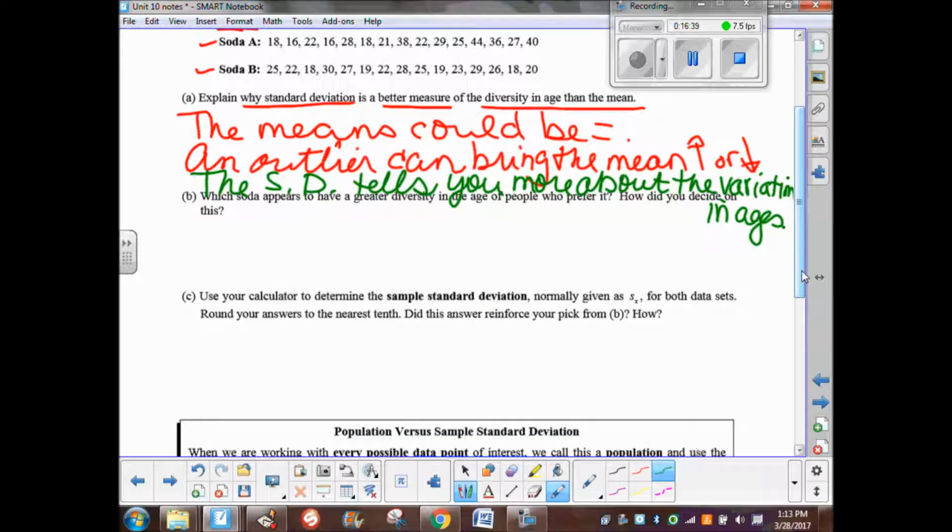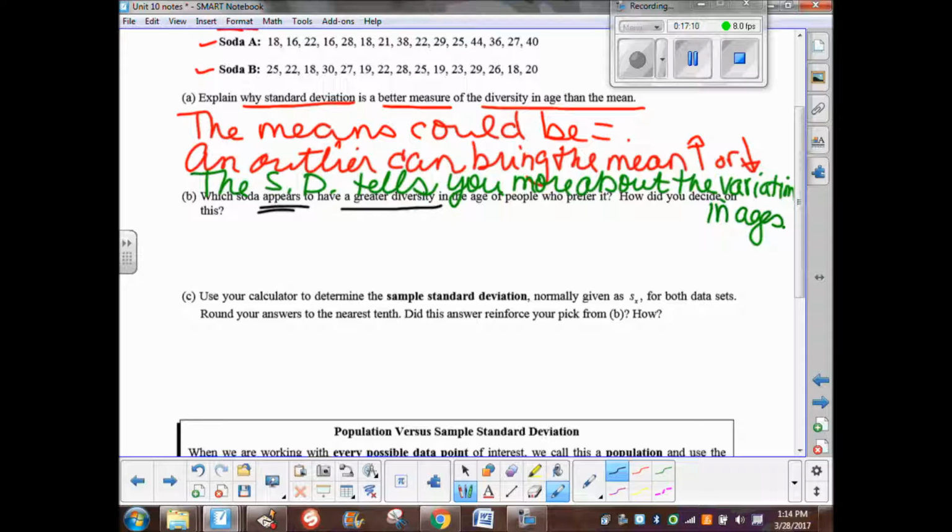Which soda appears, just on looks, to have a greater diversity in age of people who prefer it? How did you decide on this? By appearance, which one of our variations can we go on: range, IQR, or standard deviation? Jack? Range. You can eyeball range pretty easily.